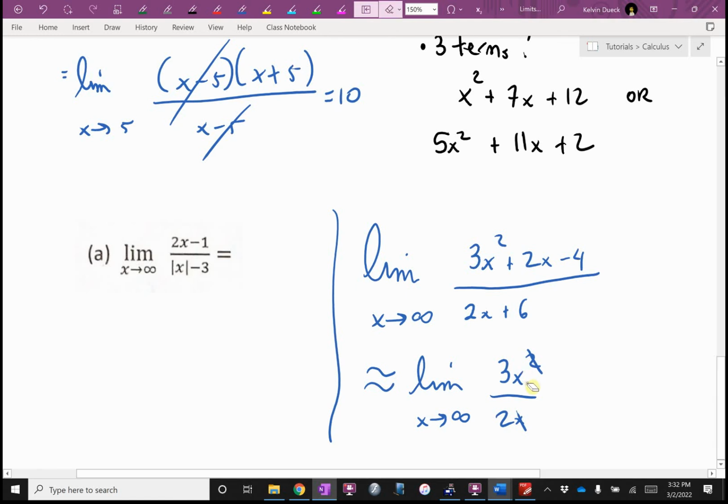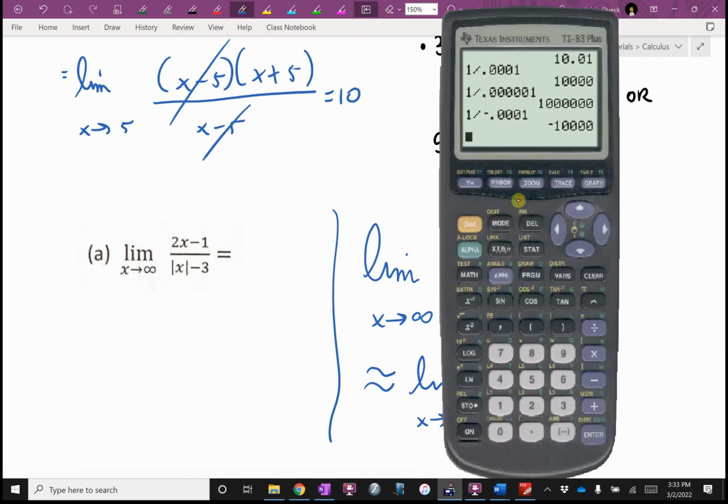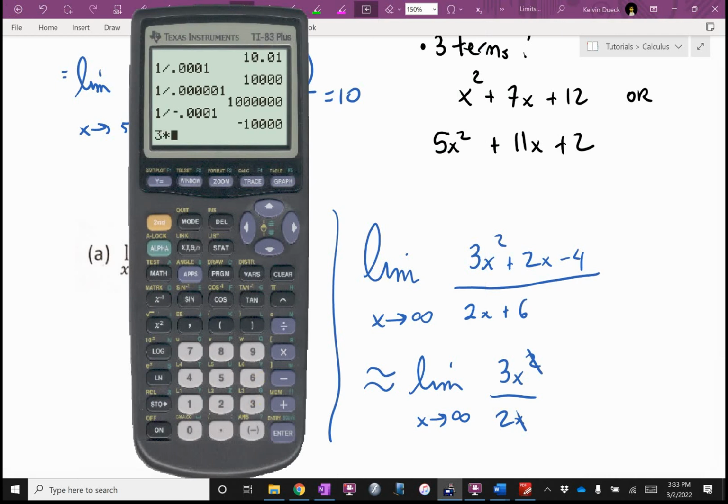If I plug infinity into here, what will I get? What's the limit as x approaches infinity of 3x over 2? 0? Let's see. If I'm trying to figure out infinity, I usually go with something like 1,000,000, 10 to the 6th, times 3 divided by 2. Is that 0? In fact, what is the answer?